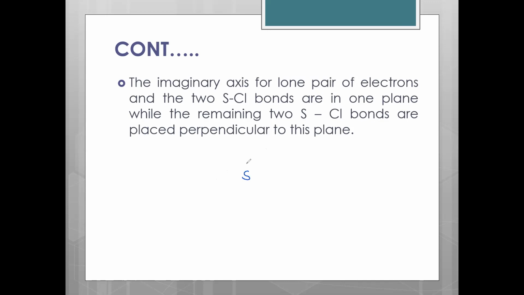The imaginary axis for the lone pair of electrons, S. You can draw it like this also. This is what we are telling as an imaginary axis. So two axial bonds are in one plane with the lone pair, while the other two are placed perpendicular to this.